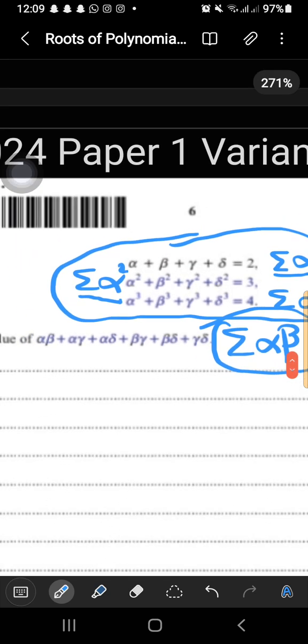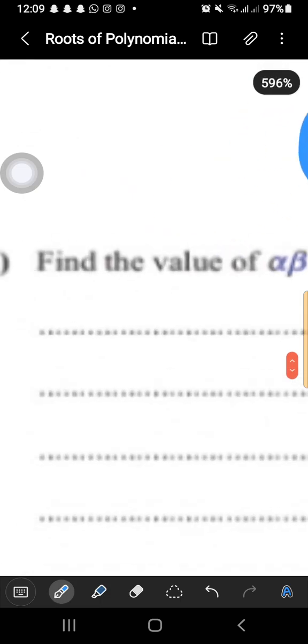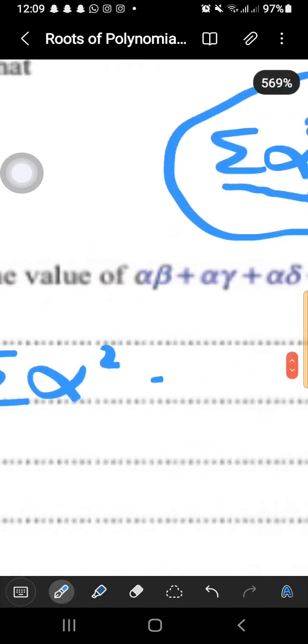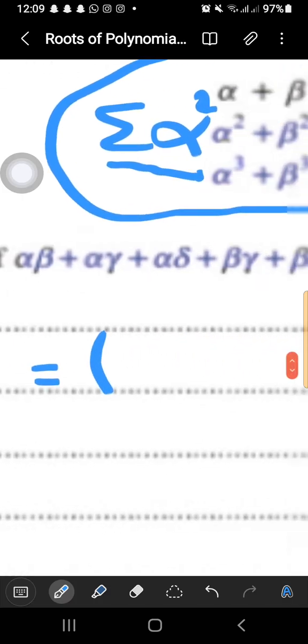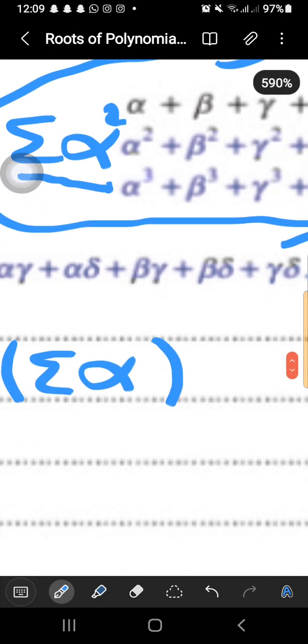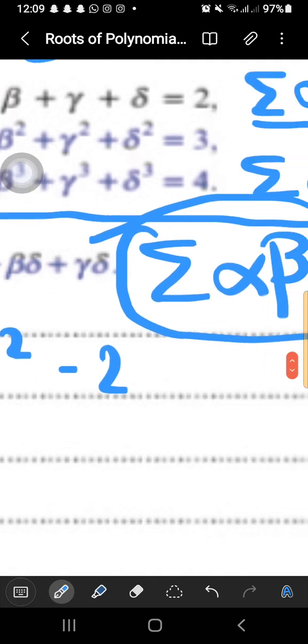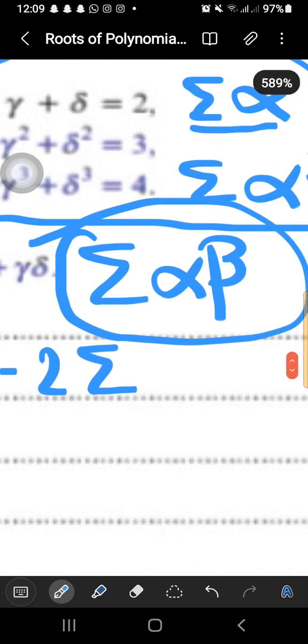Let's write it. What is the formula of summation alpha square? Summation alpha square is equal to bracket open summation alpha with the whole square, minus 2 summation alpha beta.